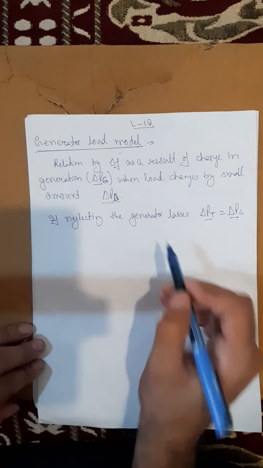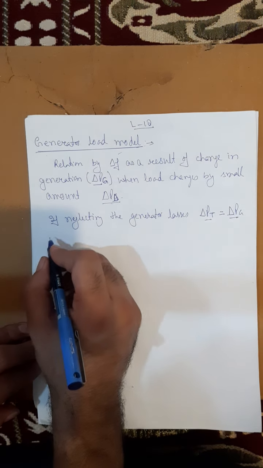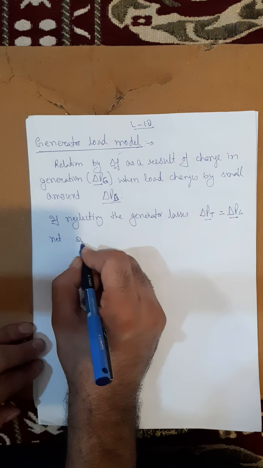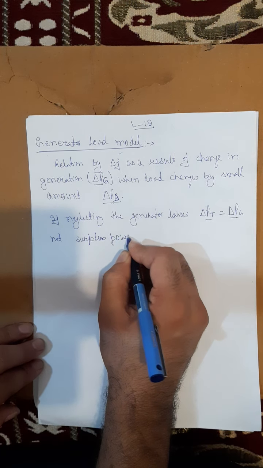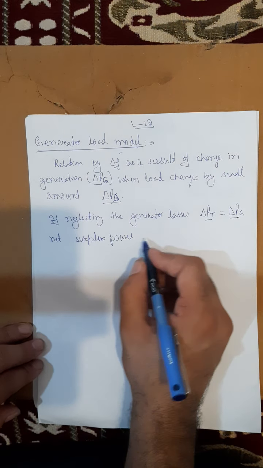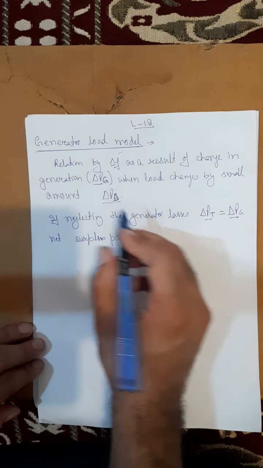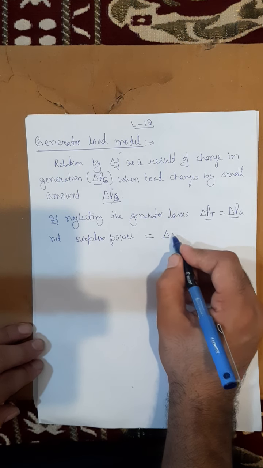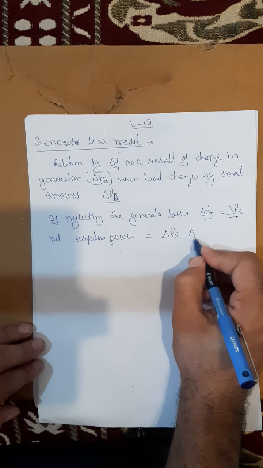So if neglecting the generator losses, delta Pg is equal to the incremental turbine power output, and the net surplus power at the bus bar where the generator is connected will be given by this. Suppose generation has changed by delta Pg and the demand has changed by delta Pd.